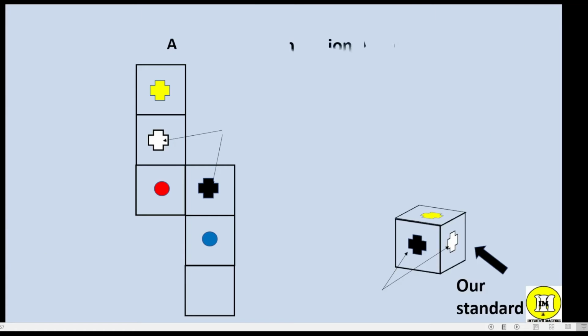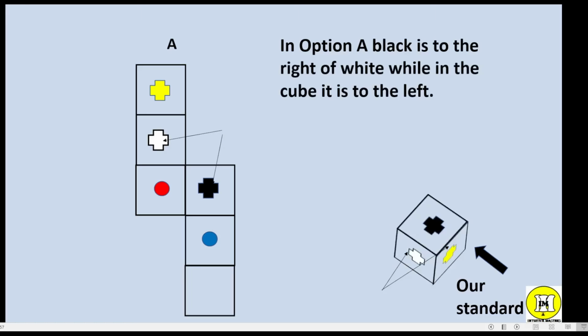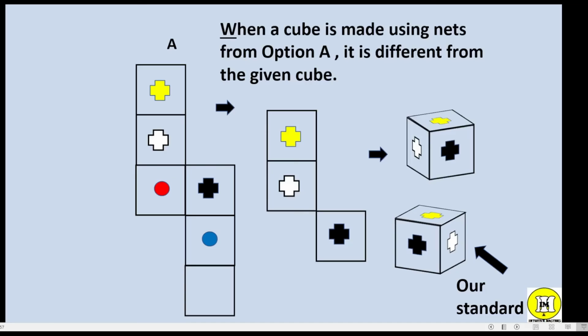In option A, black is to the right of white while in the cube it is to the left. When a cube is made using the net from option A, it is different from the given cube.